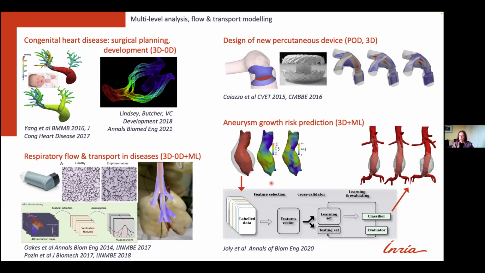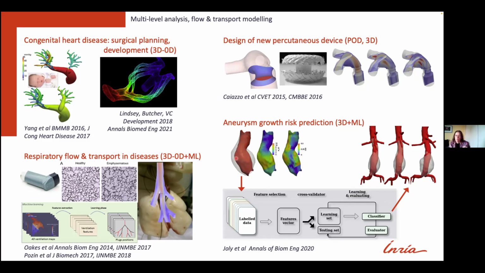And then finally, we are using more and more machine learning methods, for example, to predict something for which we have the equation for a given state, but we don't know yet the equations that describe the process of the evolution of a disease. So for example, in aneurysm growth, when you have this enlargement of the vessel wall in the aorta, sometimes it increases a lot over time and sometimes not.